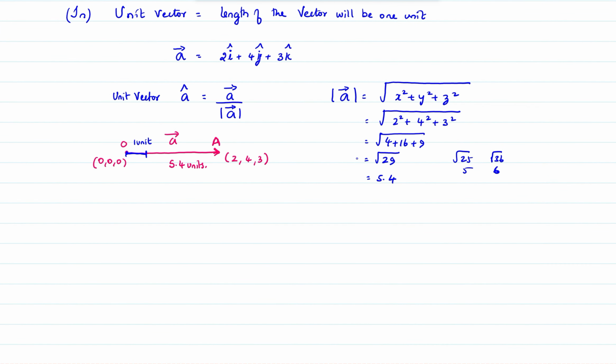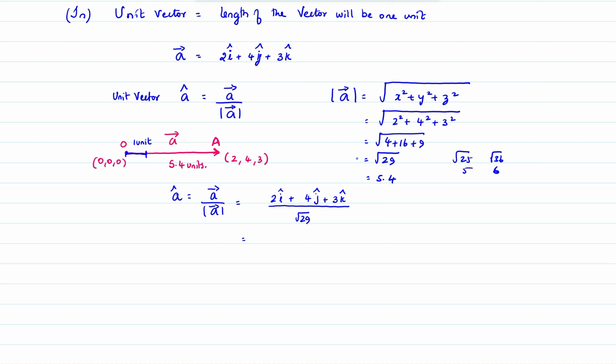So unit vector a cap is given by a vector divided by magnitude or length of a vector, that equals 2i plus 4j plus 3k divided by magnitude of a vector, which is root 29.